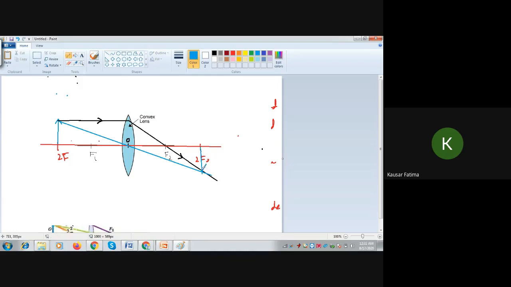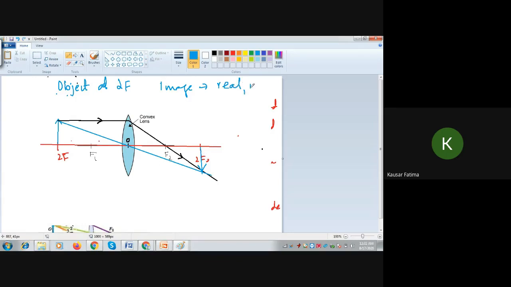So the object is at 2f. What about the image? Real. If you place a paper as a screen here on this side, that image will appear on it.